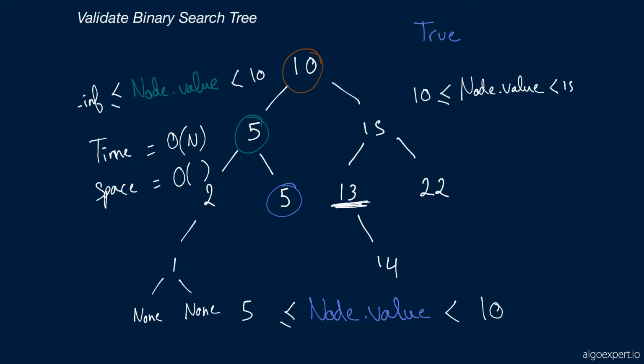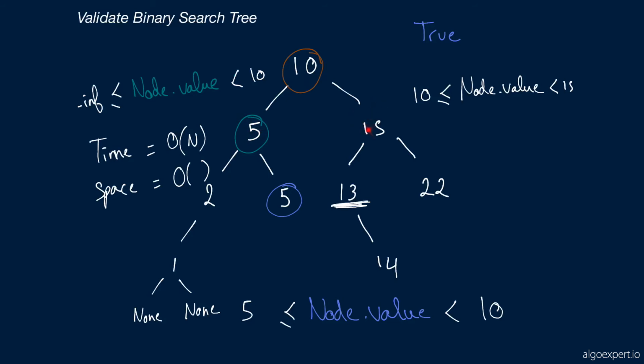Because, again, if this is unclear, when we call the validate BST function on our root node here, the 10 node, the orange node, we check that the value is between the minimum value and the maximum value, and then we call the validate BST function on the left subtree and on the right subtree.